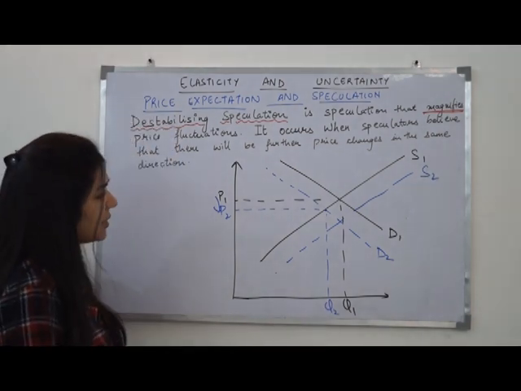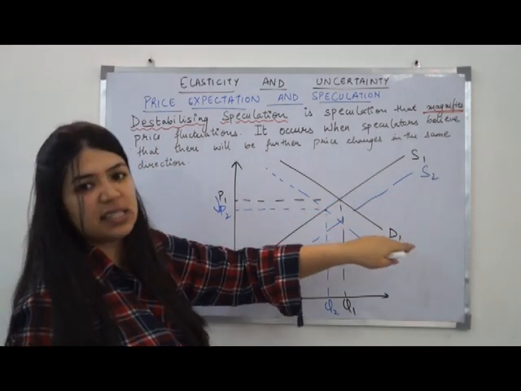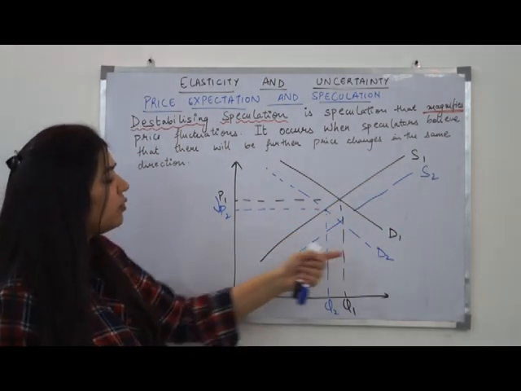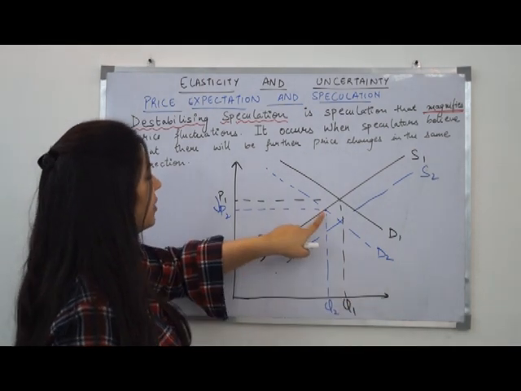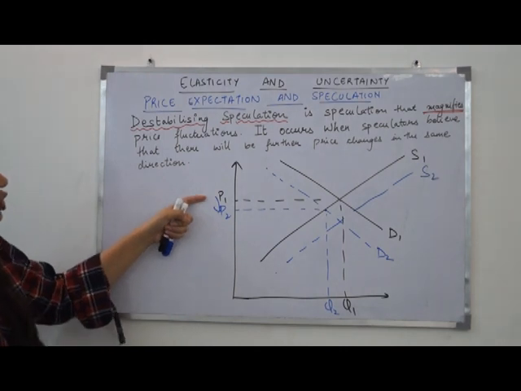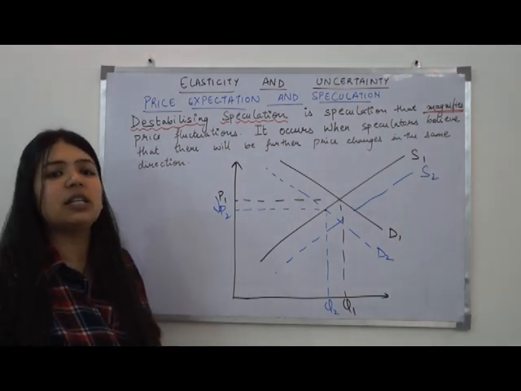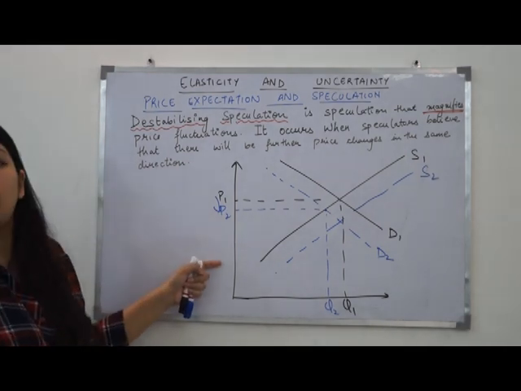Now we've seen that the suppliers have increased their supply. From the demand point of view, the consumers assume that there is going to be a further drop in the price and they should consume when the price is at the lowest level.